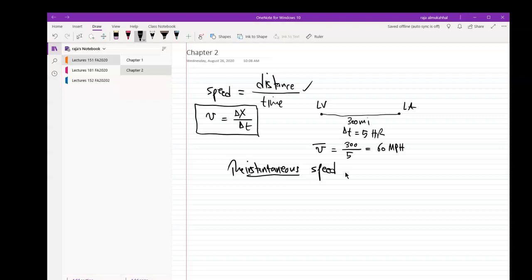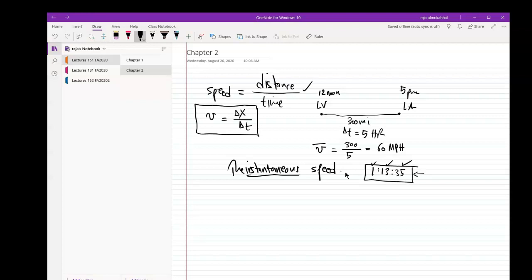Let's say I started driving at 12 noon, and of course it took me 5 hours, so that means I arrived there by 5 p.m. If you ask me, what was your speed at, let's say, 1:13 and 35 seconds? So at 1 o'clock, 13 minutes and 35 seconds. You see what I'm saying? This is a very precise time, and I want to know what my speed was at that precise time.